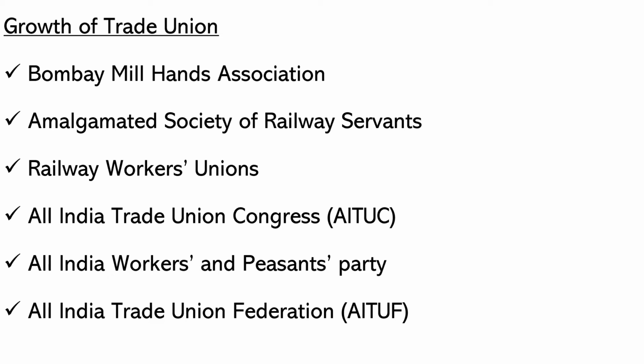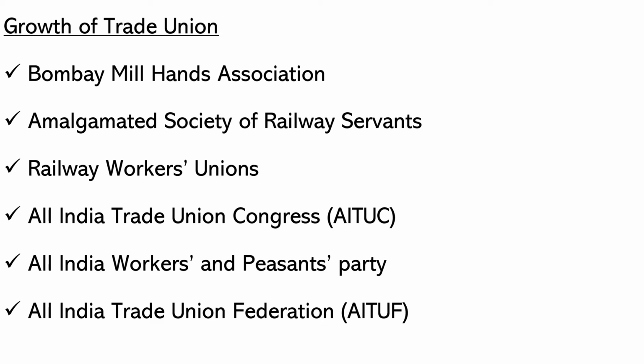Punjab Press Employees Association, Madras Textile Labor Union, and Railway Workers Unions were formed, and all these unions were formed to improve the working conditions of the workers. Now one major moment happened in 1920, and that was the All India Trade Union Congress, AITUC, was formed under the leadership of Lala Lajpat Rai.